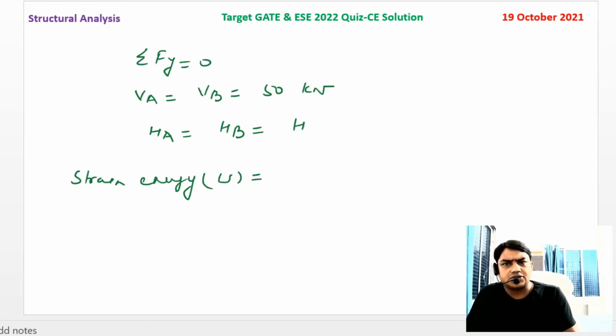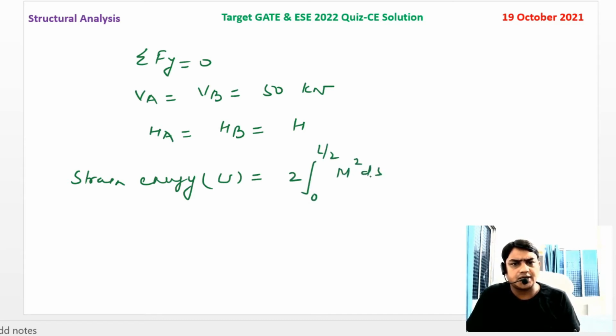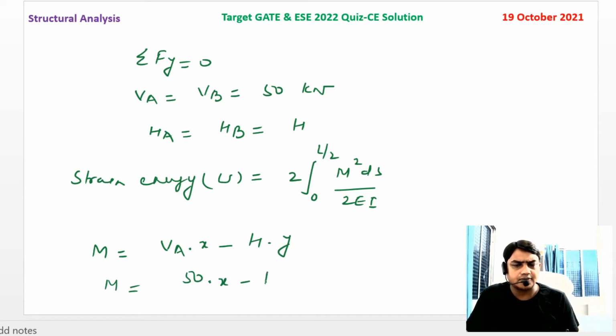We can write strain energy equal to 2 times the integral from 0 to L by 2 of M square ds by 2EI, where M is the moment. The moment at any section can be written as Va into x minus H into y, so 50 into x minus Hy.